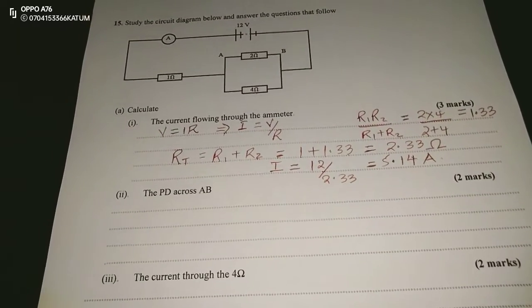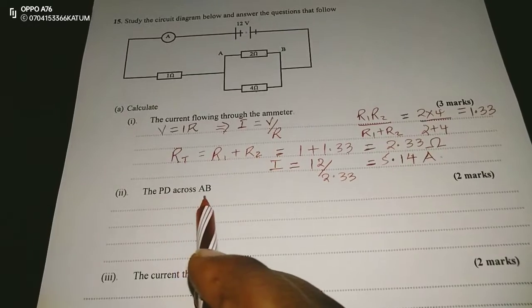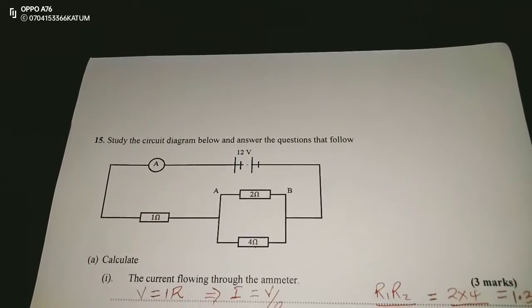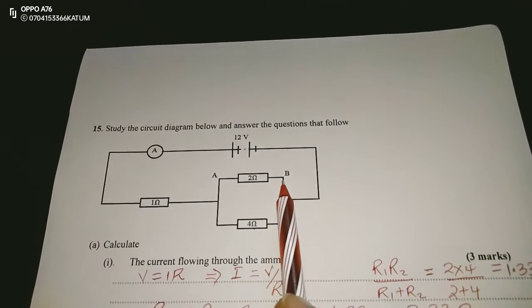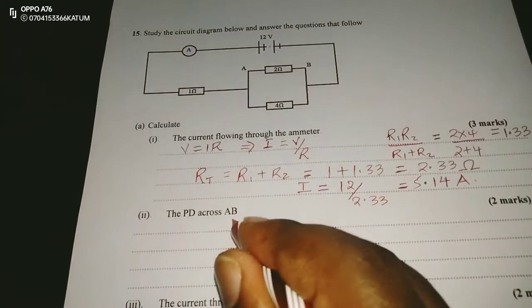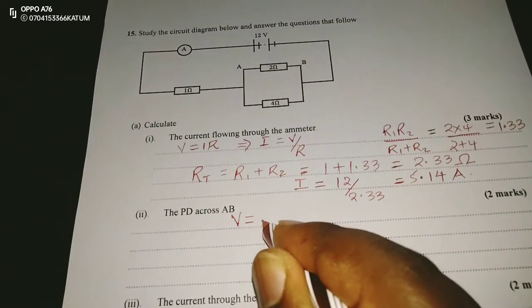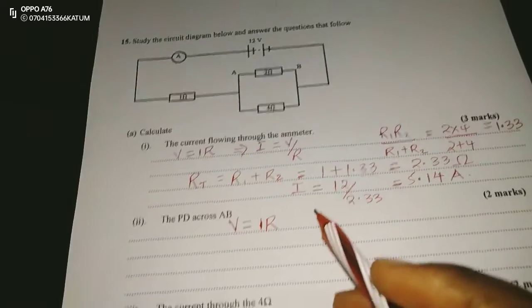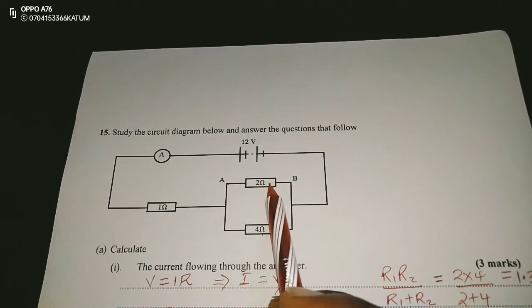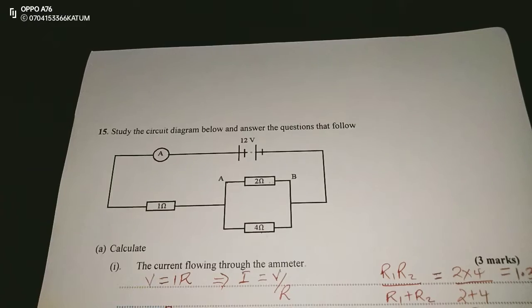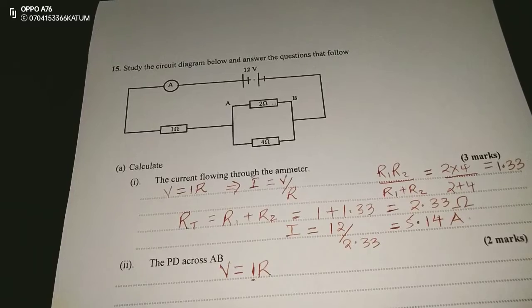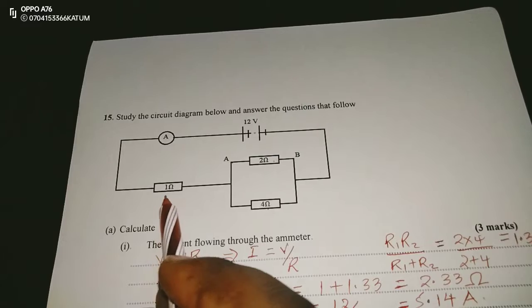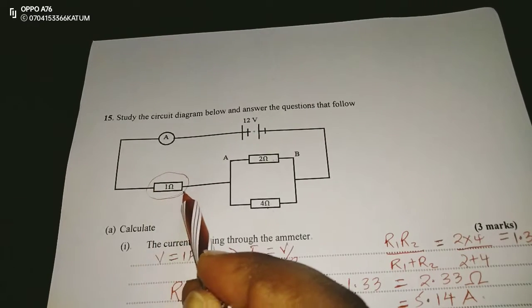Something else we are told to calculate is the potential difference across AB. What we call potential difference is the voltage, and remember it will be given by IR. Across AB, we already know the resistance. What remains is the current at that point. We can first use the first resistor to know the current through it.